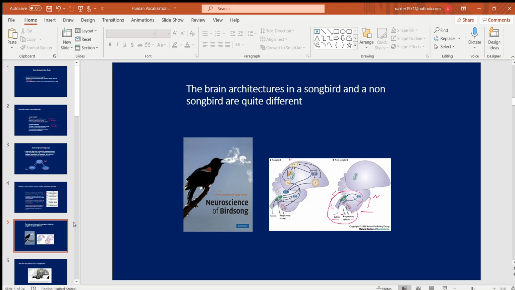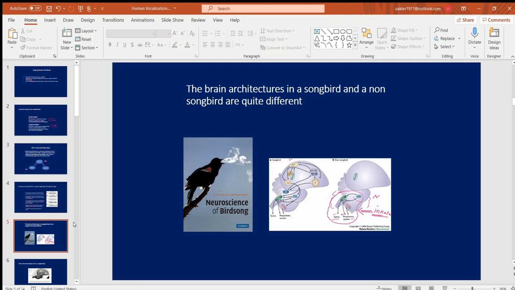This part is innate. Non-songbirds don't need training, they just produce the call, and it is already developed in the brain genetically. So no learning is needed in this process.